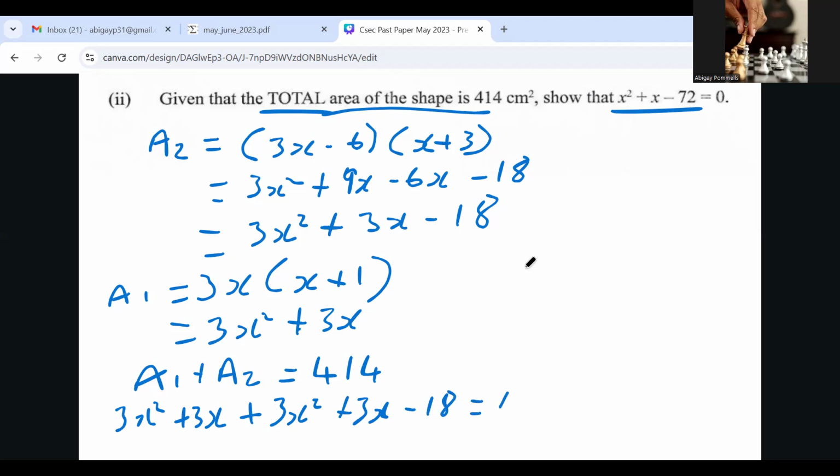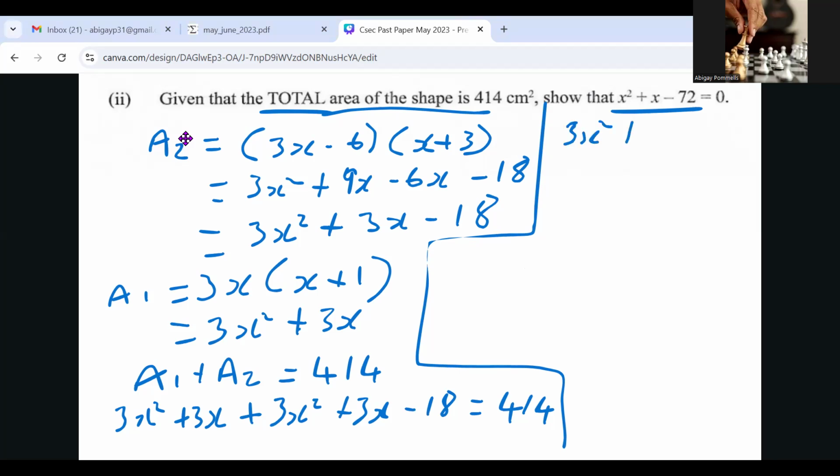All of that's going to equal 414. All right, so we're going to combine like terms now: 3x squared plus 3x squared, plus 3x plus 3x.